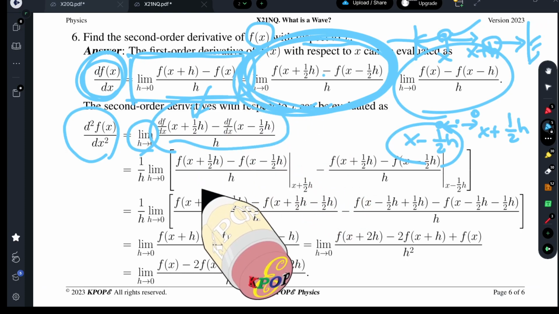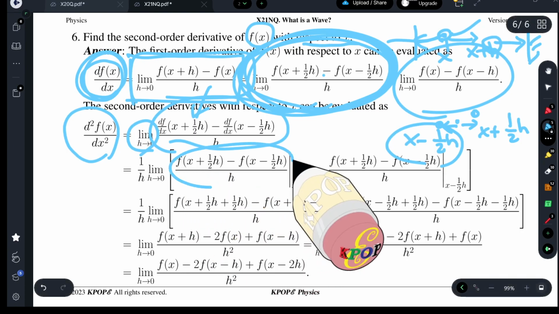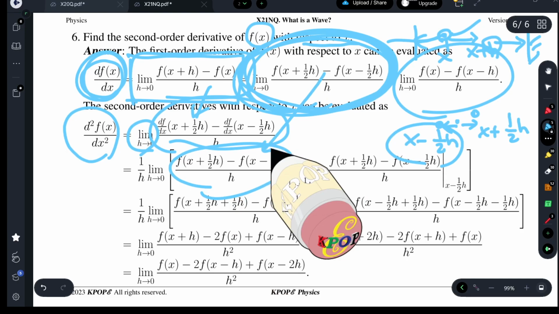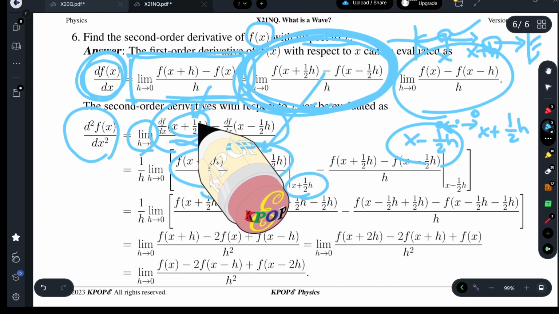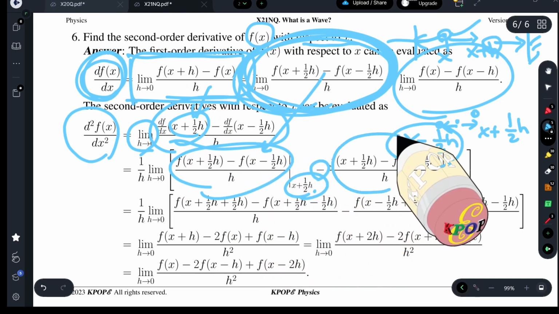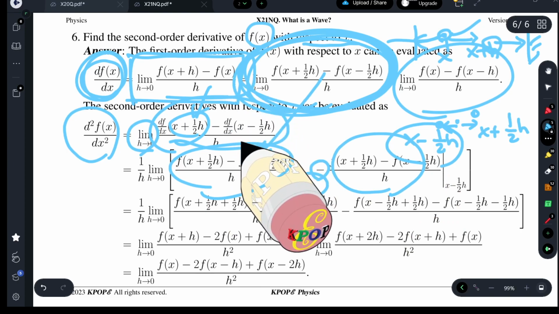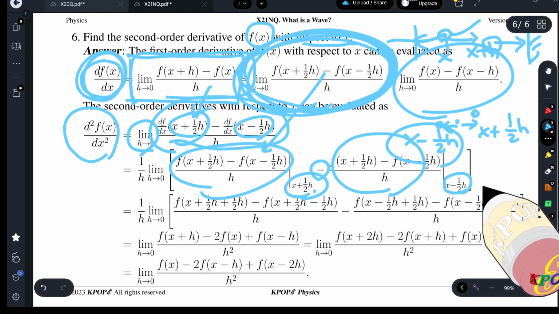Then we can find that the result is copying this and substituting x plus 1/2 of h, subtracted by the same thing but evaluated at x minus 1/2 of h.